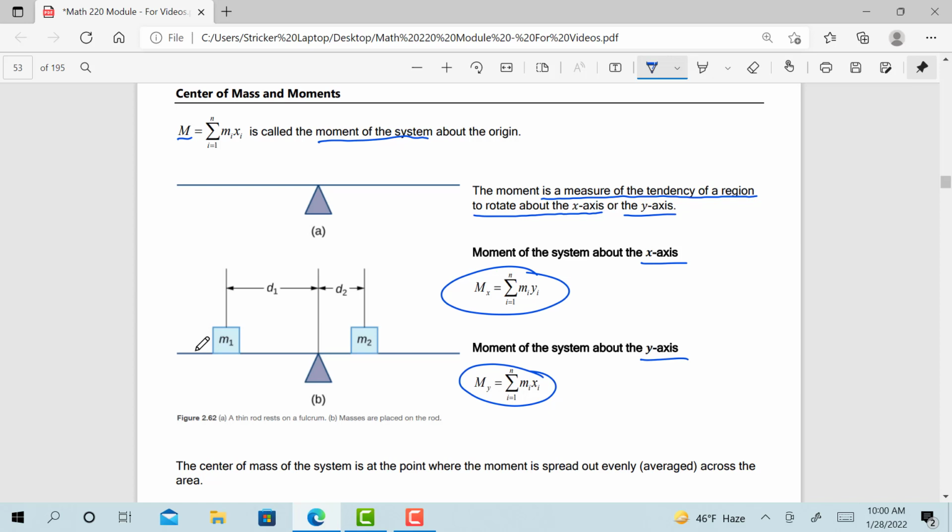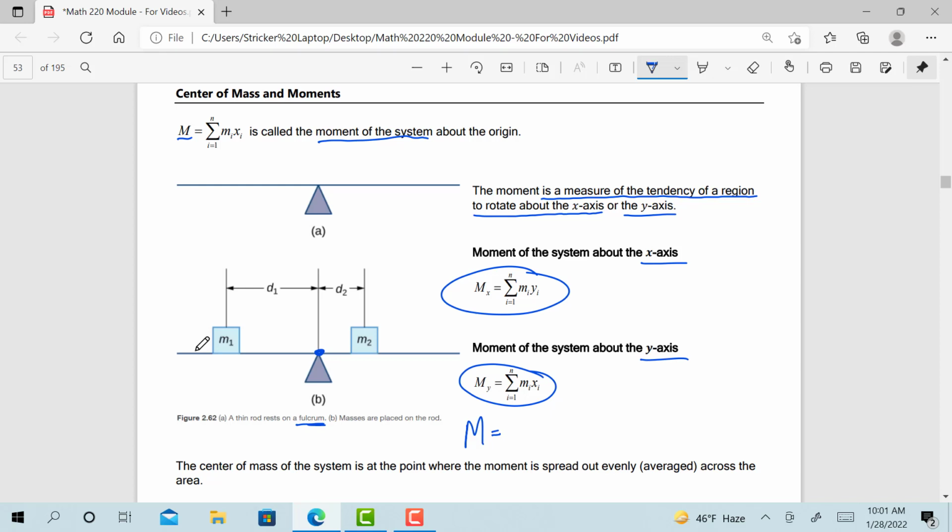If our rotation point is right here where this triangle is in the middle, then to calculate the moment about that fulcrum, we would add up the sum of the individual masses times their distances.